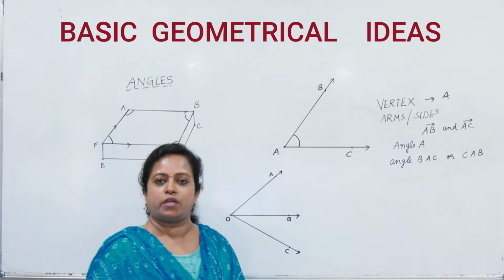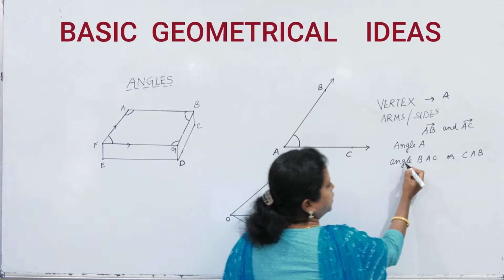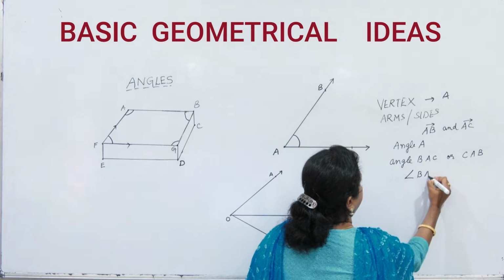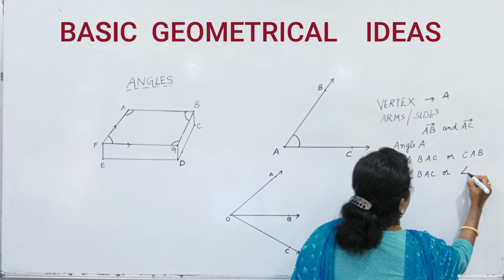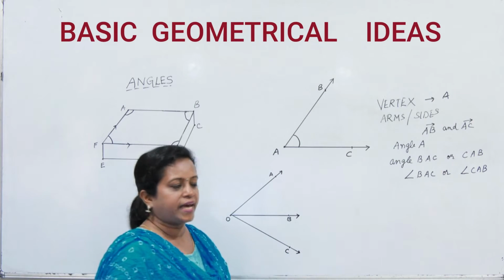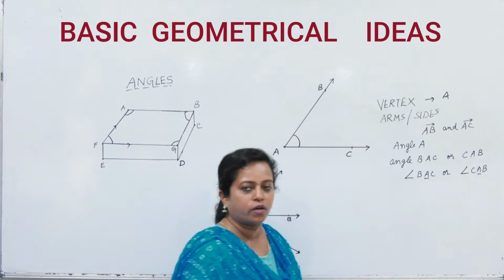And one more thing you will learn today is the symbol of angle. So instead of writing the whole word angle, you can use the symbol and write angle BAC or angle CAB. In both the cases, you can see that the vertex has come at the center. So this is a correct way of writing.